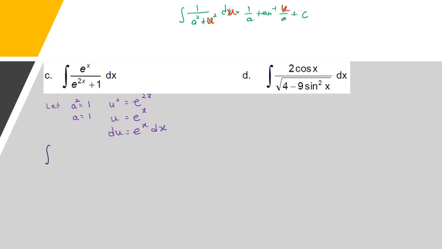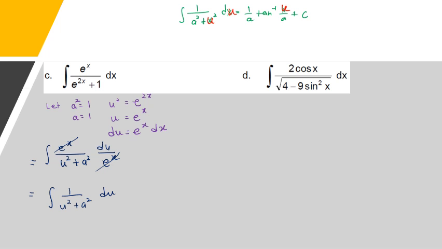So, integrate exponent X over, ni akan jadi U square. Okay, U square plus A square. So, ni du over exponent X. So, exponent X boleh eliminate. Okay, so our equation become 1 over U square plus A square du.